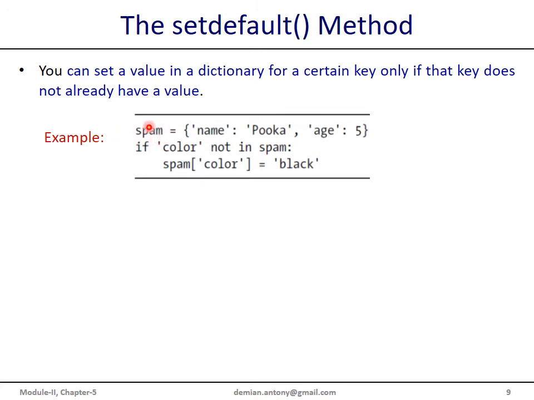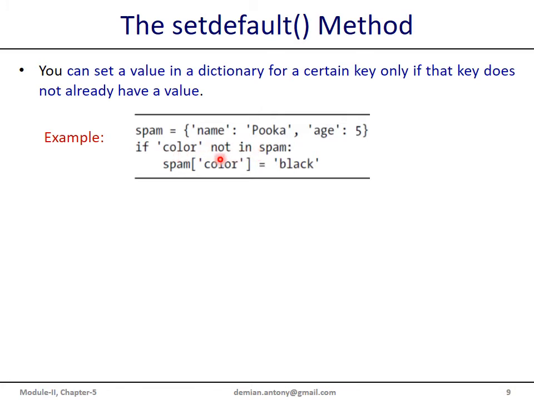Here we have spam with two elements, and to add a new item with the key color and the value black, what we have to do is first check whether this new key, that is color, is not in the dictionary. Then only we are allowed to add this new item. And the in operator is the best choice to check whether the key is present in a dictionary.